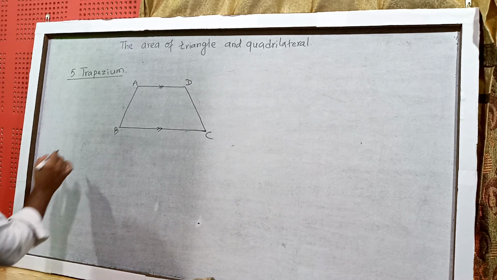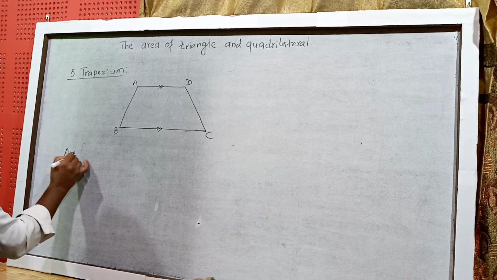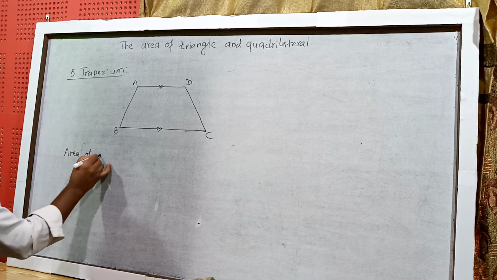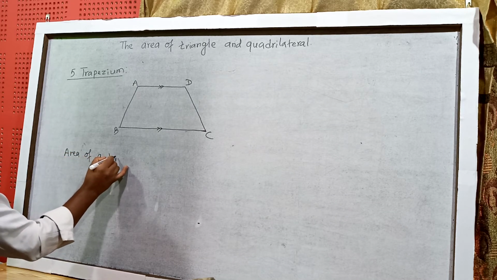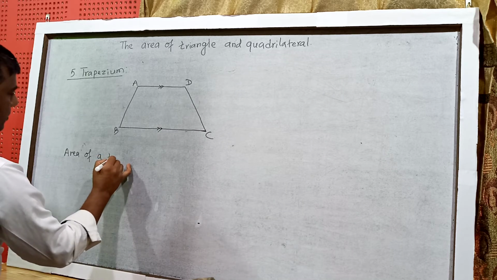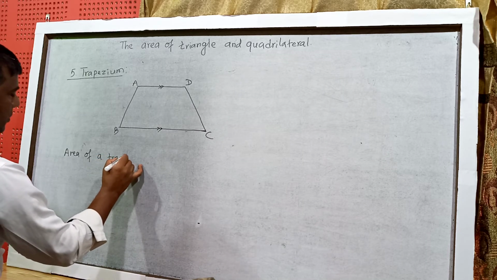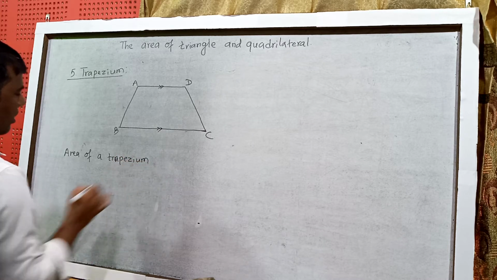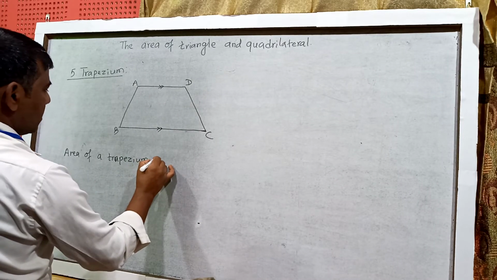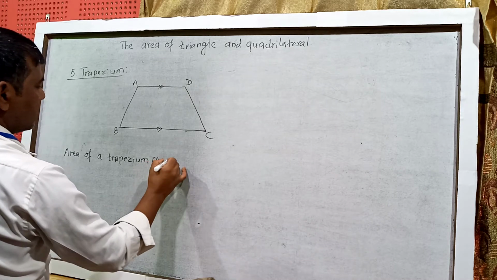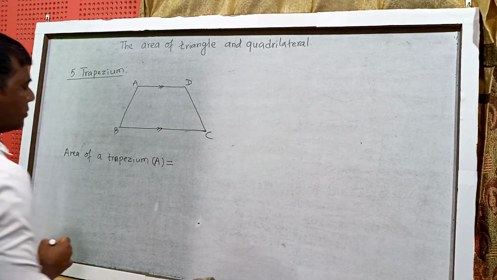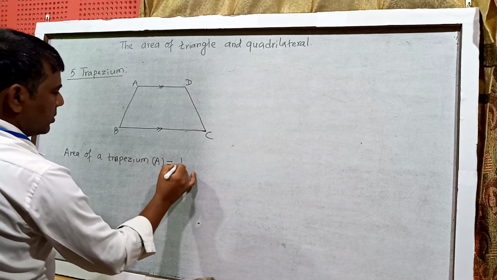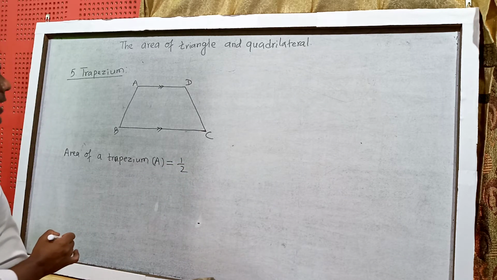And area of a trapezium, A equals 1 by 2 into height.